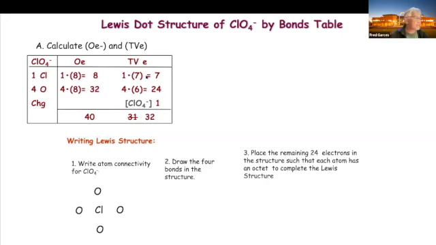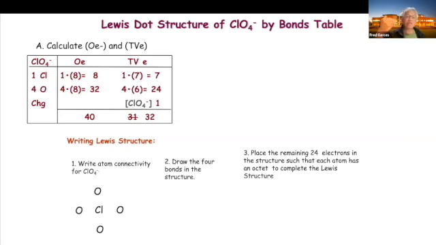Then we go to TVE, which is the reality check. Chlorine has 7. You know that from its placement in the periodic table. Oxygen has 6. 4 times 6 is 24. And then the charge, this charge right here, means that there's 1 extra electron in the total valence electrons. If this was a positive, then you need to subtract 1.